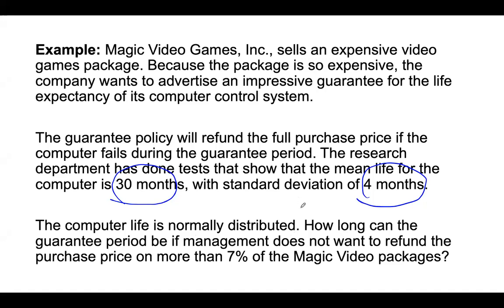How long can the guarantee period be if management does not want to refund the purchase price of more than 7% of the Magic Video Games packages? And you can think of this as laptops too, right? Like if they are trying to decide when the guarantee period should be.